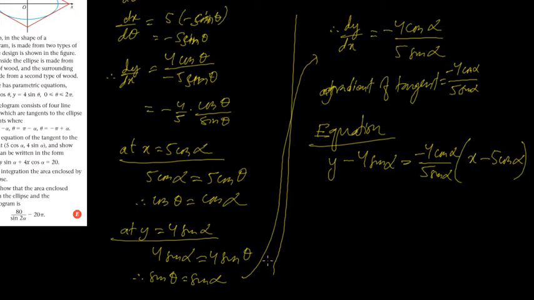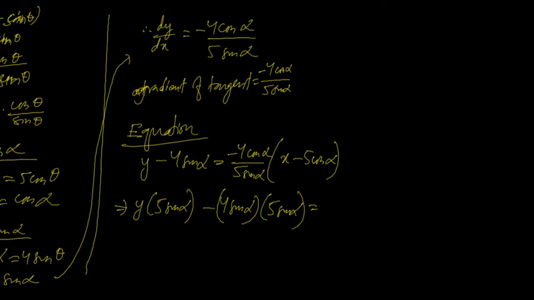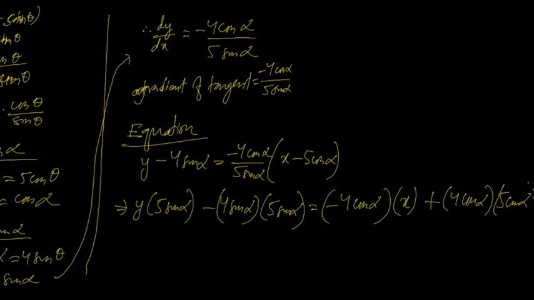Now they are telling us to simplify this. So y into 5 sine alpha minus 4 sine alpha into 5 sine alpha equals, now multiplying by x, minus 4 cos alpha into x minus plus 4 cos alpha into 5 cos alpha.